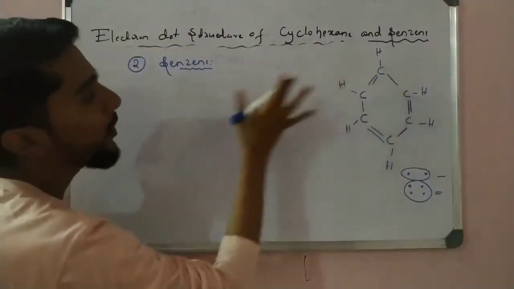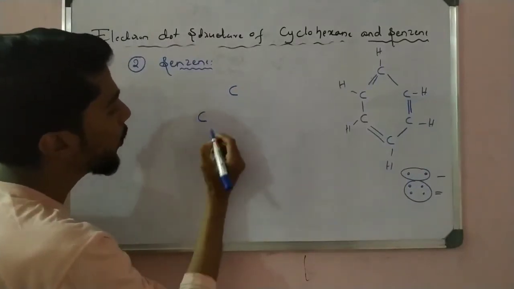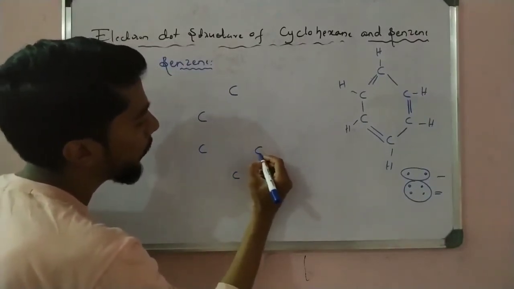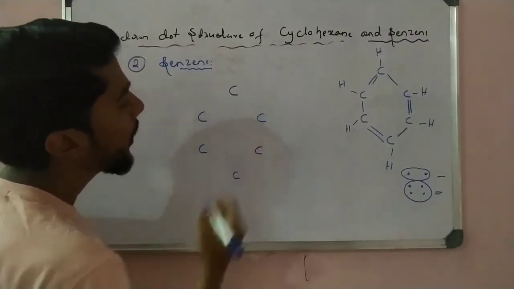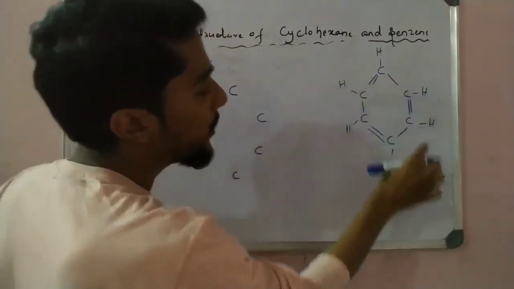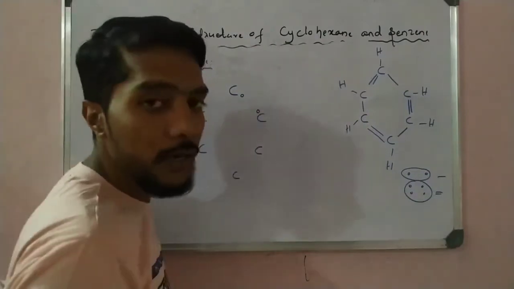First copy this diagram here. Carbon 1, 2, 3, 4, 5 and 6, right? Next see here, a single bond is there. Single bond means this: 1 carbon gives 1 electron, the other carbon gives 1 electron.